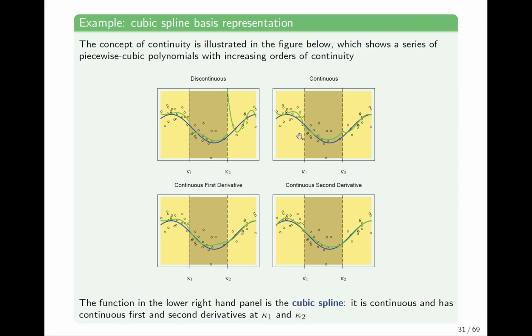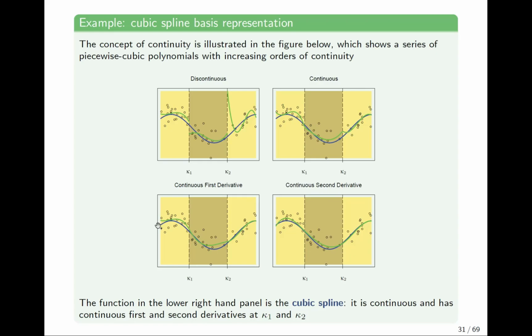In this diagram, we forced the polynomials to tie up by imposing continuity in the function, and you can see that we now have a nice continuous function across the knots, but it's not particularly smooth.